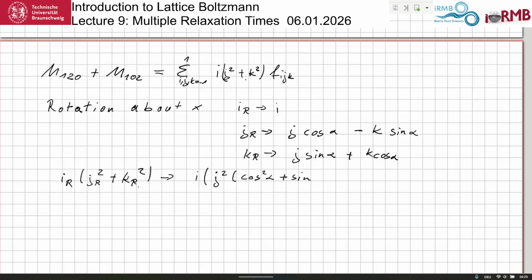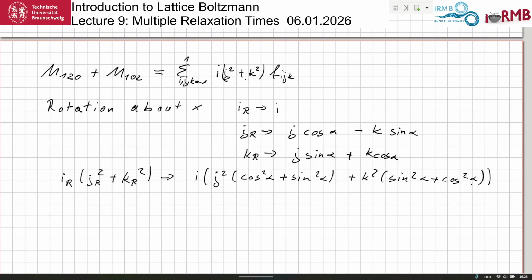So I take this cosine squared, and am I doing this correctly? I'm writing it down, plus K square sine square alpha. I have to admit I'm just writing it from my notes.